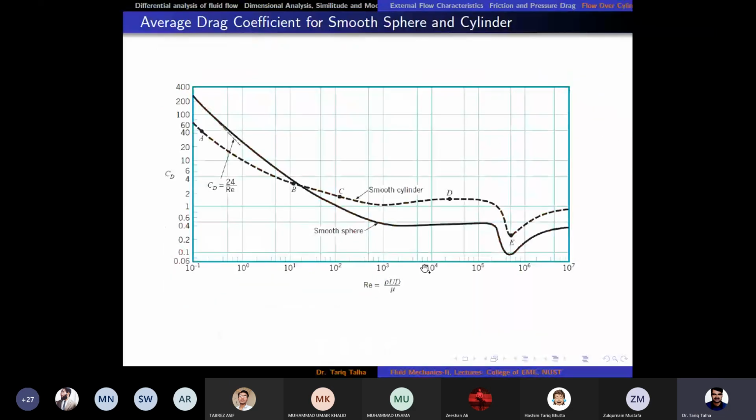It means that if at 10 to the power 3 the Reynolds number was such that the total drag force was like 2 Newton for a body, and we increase it to 2000, we have increased the Reynolds number by twice, then the drag force would increase by square. The drag force would be very high. It would increase as the power of square.